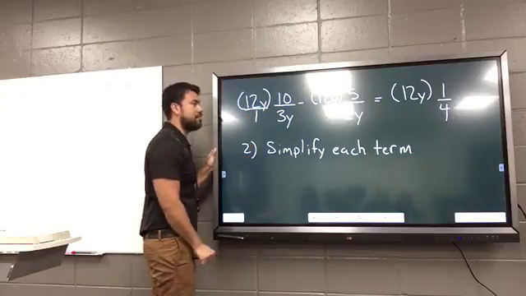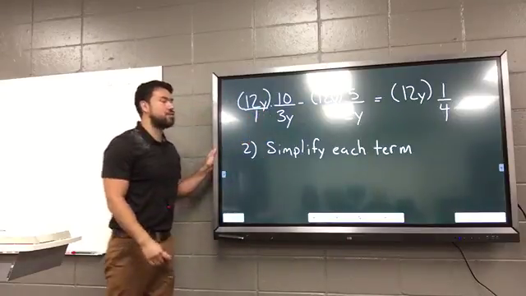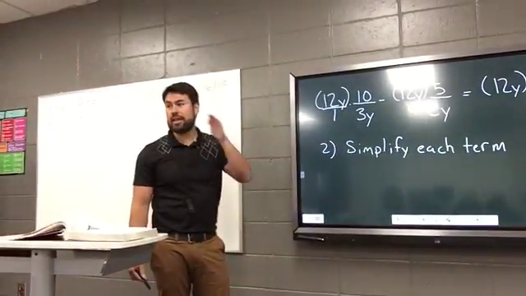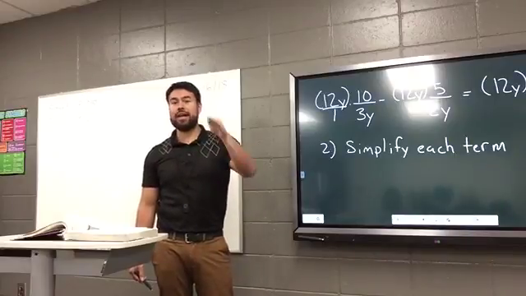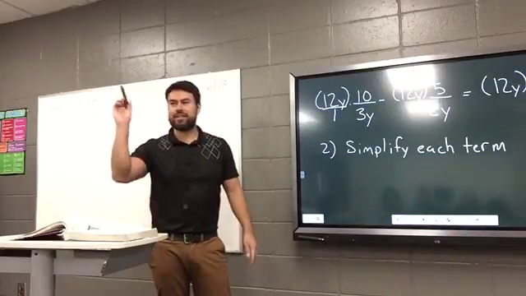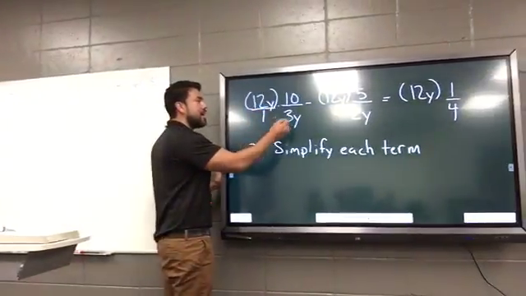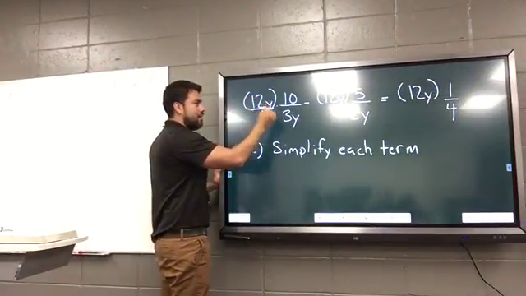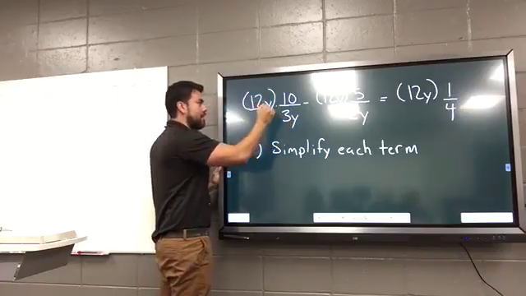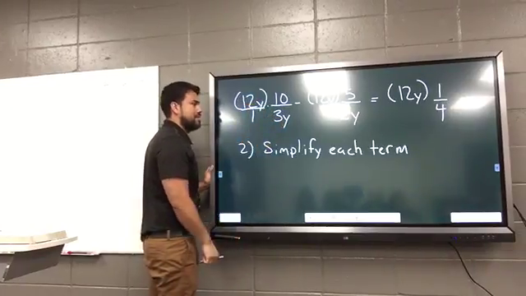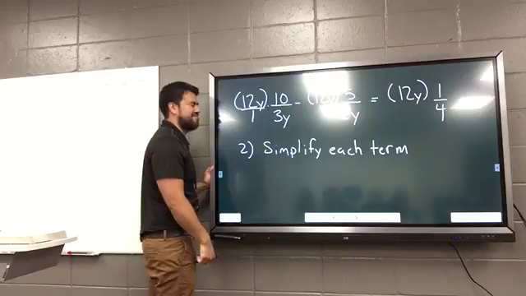So what can you do before you multiply? Canceling. Is there anything I can cancel here? The 3y, yeah, the whole 3y, and what does that become?